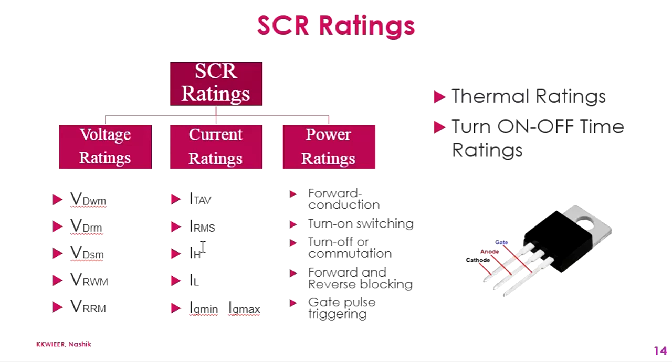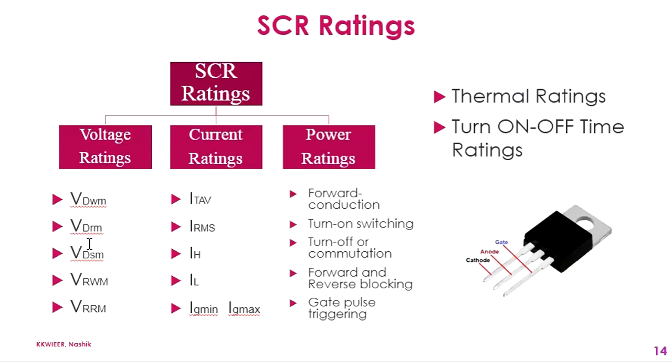Voltage rating can be divided as VDWM, the working peak off state forward voltage, which is nothing but the maximum instantaneous value of a forward off state voltage that occurs across the thyristor, excluding all repetitive and non-repetitive transient voltages.